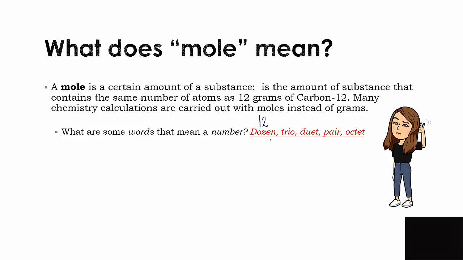Trio is a word that means a number, 3. Duet and pair both mean 2. Octet we've talked about a little bit in chemistry. That means 8 things. So a word can mean a numerical value.